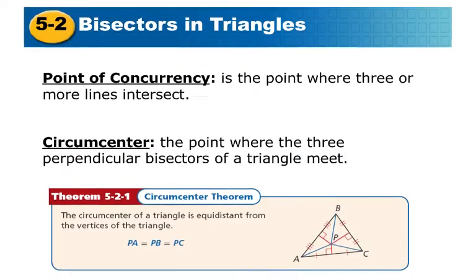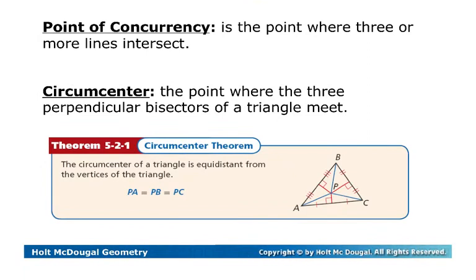Taking a look at what that looks like, it makes what we call a point of concurrency, so that is point P here. It's the point where three or more lines intersect. And then that makes a circumcenter. What is a circumcenter?